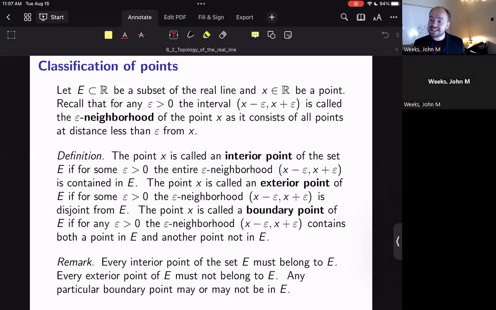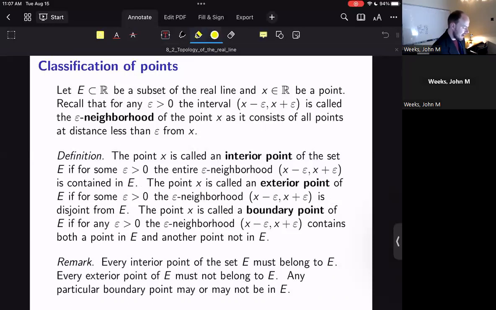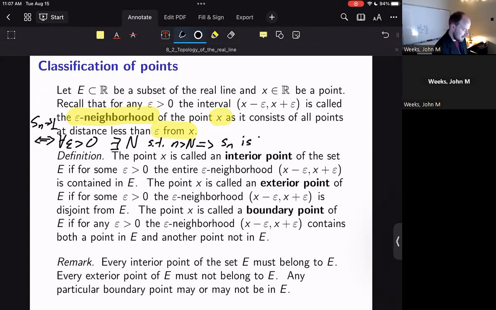And one way that we could classify that is that we could say, let's say we have an epsilon neighborhood of a point X that contains all points of distance less than epsilon from X. So another way that we could write the definition of a sequence S sub n converging to L is to say: for all epsilon greater than 0, there exists a cutoff point N such that for any n greater than N, it is true that S sub n is in an epsilon neighborhood of L.